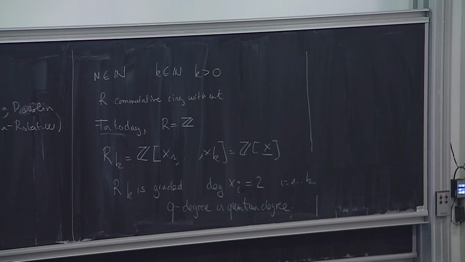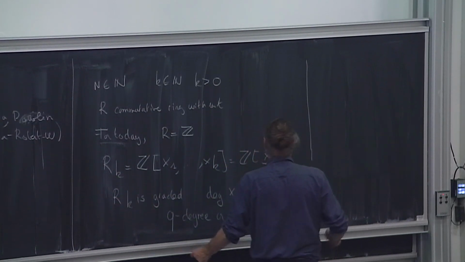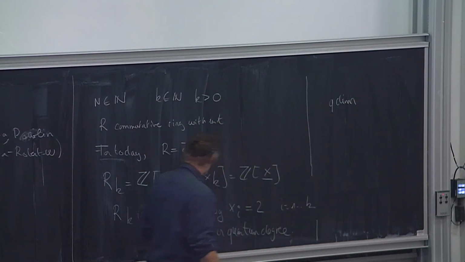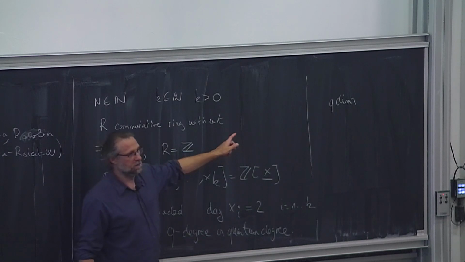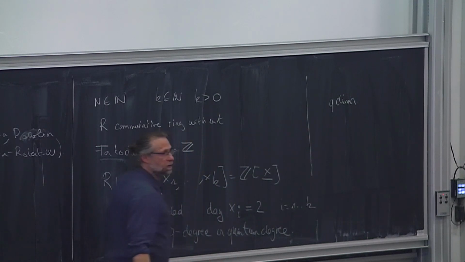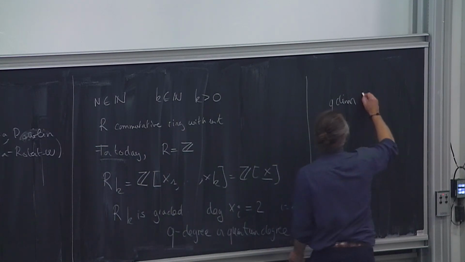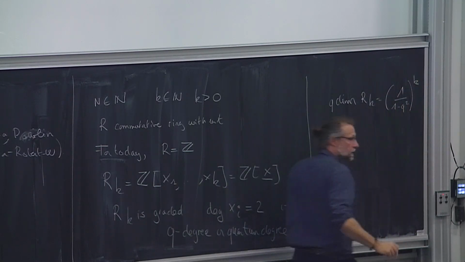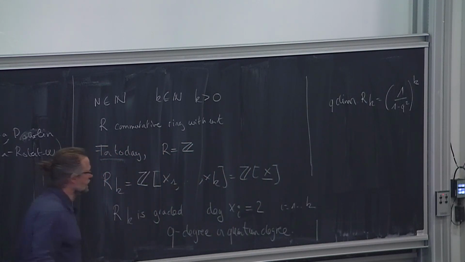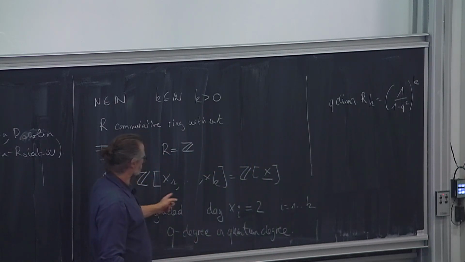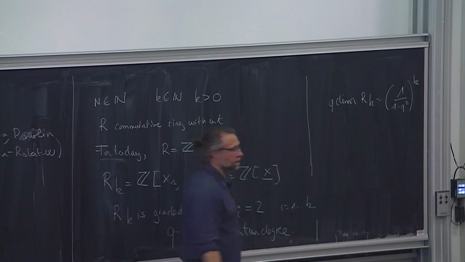If you have something graded with a Q degree, I can compute the Q dimension, the dimension as a graded abelian group over Z. So the Q dimension of R_k would be 1 over (1 minus Q squared) to the power k. You can think of it: in degree 0 you have just 1, and in degree 2 you have x_1, x_2, ..., x_k, and so on and so forth.